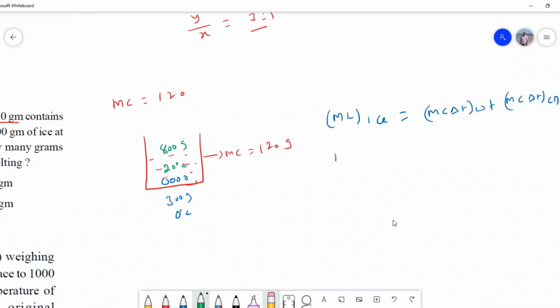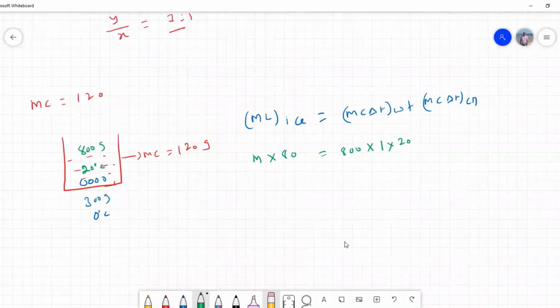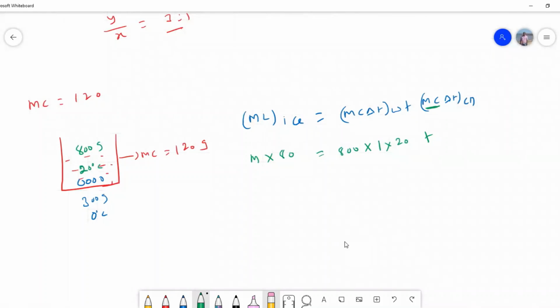So we don't know how many grams of ice melted, let us take m, but latent heat is 80, which is equal to how many grams of water taken initially? 800. Specific heat is 1. Change of temperature: initially the temperature of water is 20, now it becomes 0. Because there is ice, the resultant temperature is 0. Again plus mc value of calorimeter given as 120, in the same way as for the water, but the calorimeter also, the initial temperature 20, and because of ice the temperature drops to 0. So again here 20.